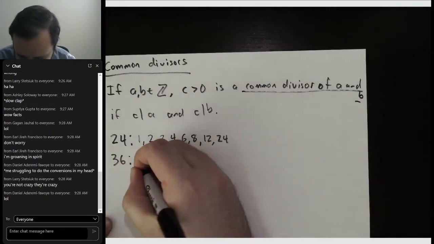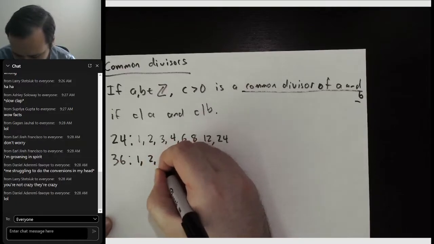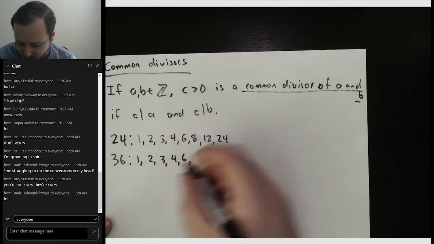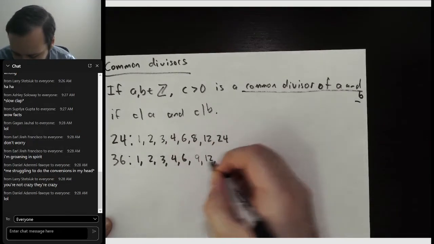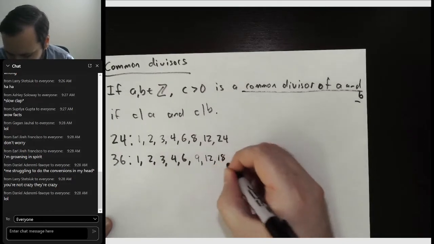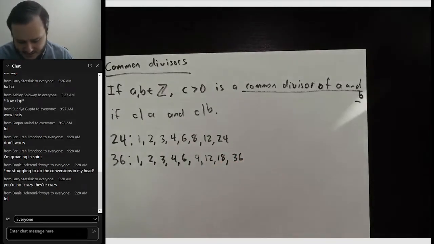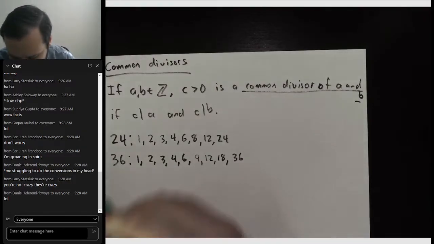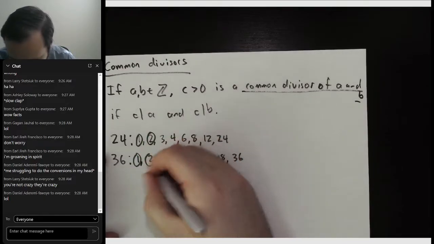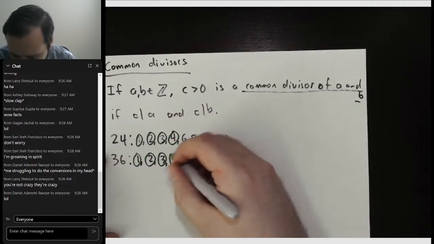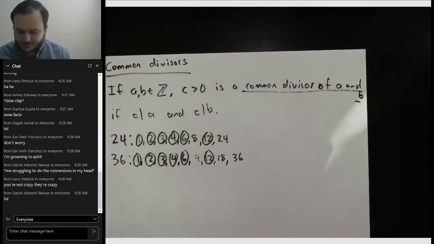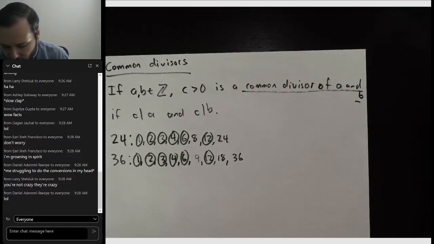For 36, 1, 2, 3, 4, and 6: 6 times 6, 4 times 9, 3 times 12, 2 times 18, and 1 times 36. So the common divisors of 24 and 36 are 1, 2, 3, 4, 6, and 12. Those are all common divisors of 24 and 36.